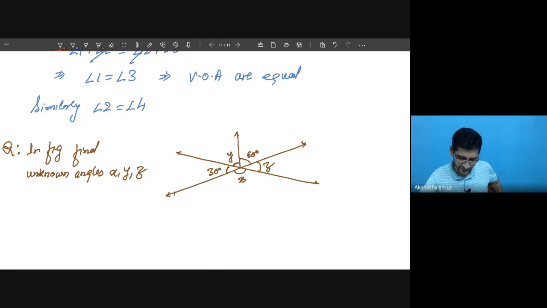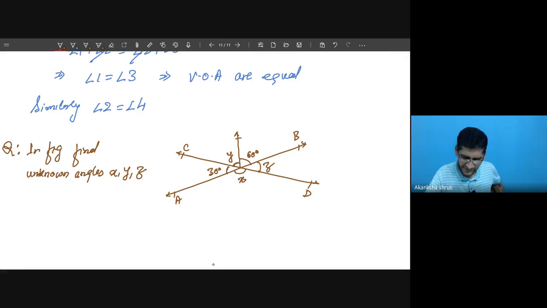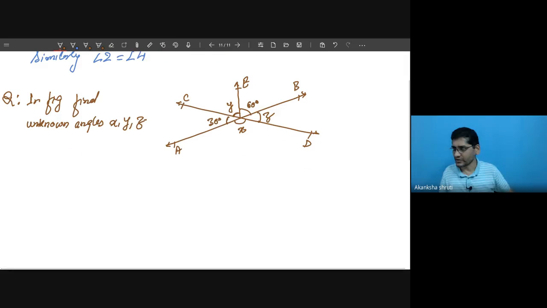Student, find it quickly. Please tell me. Z is equal to 30 degrees. Very good. Student, you have to just observe linear pair and vertically opposite angle. By that way, you can give the answer quickly.